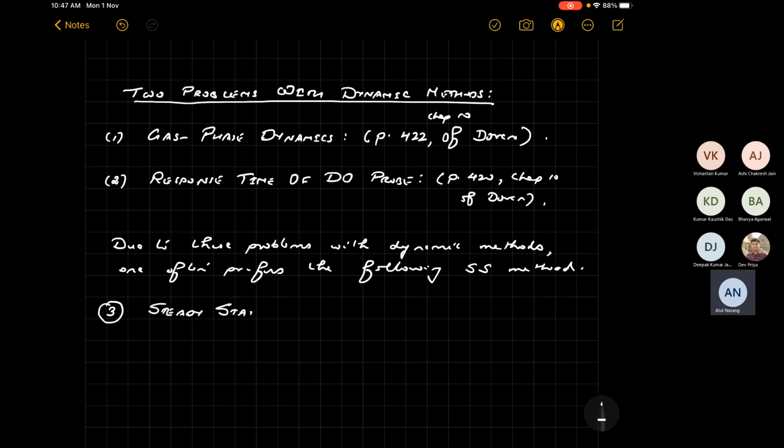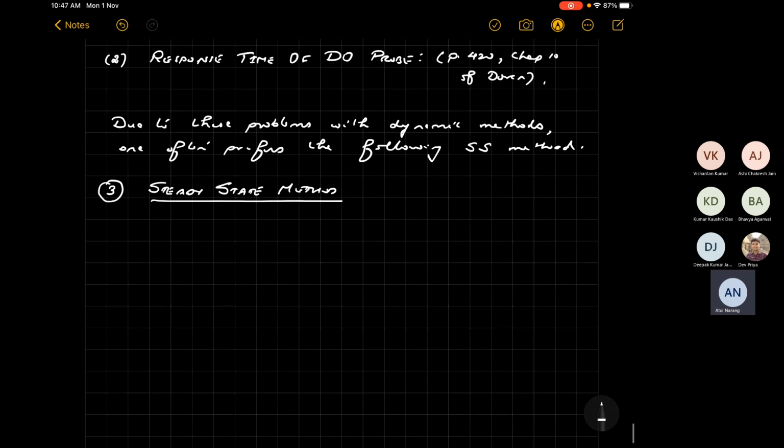And the idea is now extremely simple because in the previous lecture, I did a mass balance on the oxygen in the liquid phase, and then I did a mass balance on the oxygen in the gas phase.